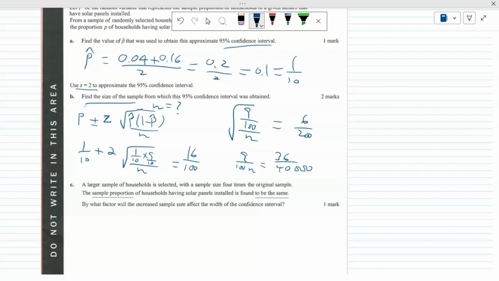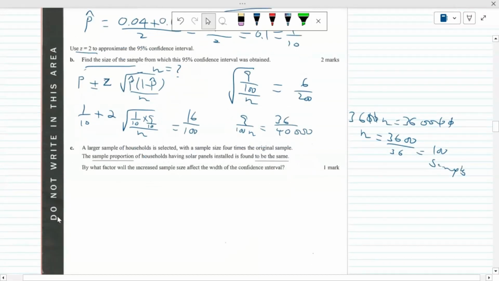So what do I get? So multiply that, so that's going to be 3600 n equals 36. 9 times 4 is 36. Add 4 more zeros, so zeros will cancel, so I'll be left with 2 zeros. So that bit there divided by that gives me 100 samples. So the answer is 100 samples.